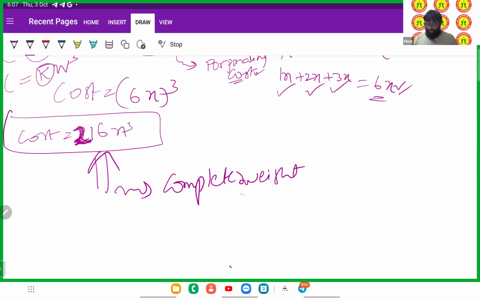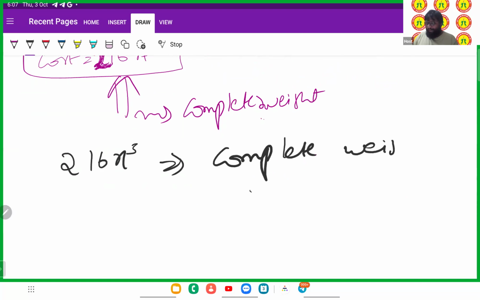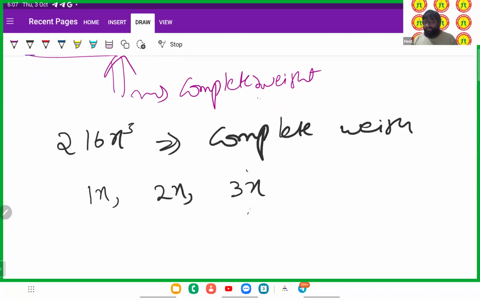So okay, this is the complete weight. This 21x cube is the complete weight. Now they are fragmented, fragmented meaning broken. One broken piece is 1x, another broken piece is 2x, another broken piece is 3x. Are these weights or cost?